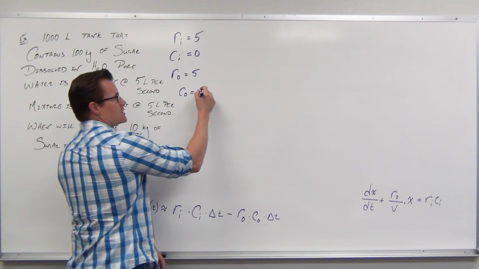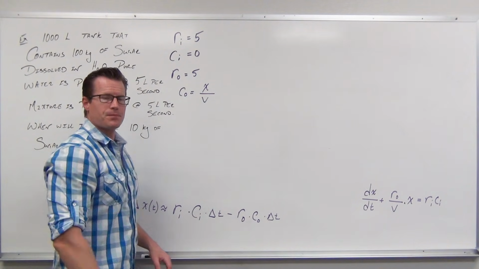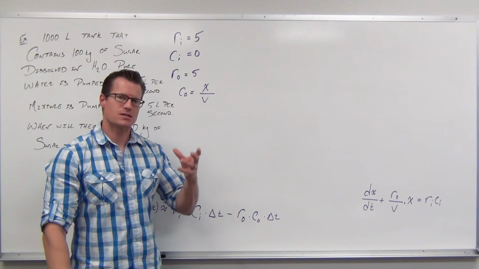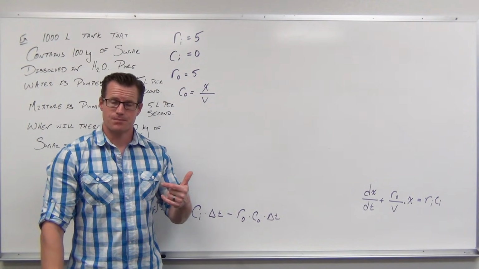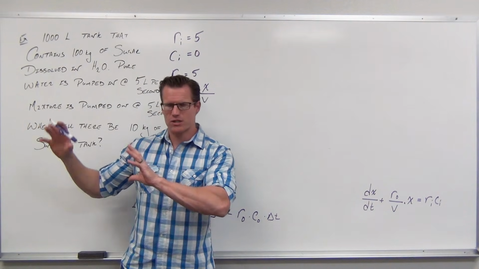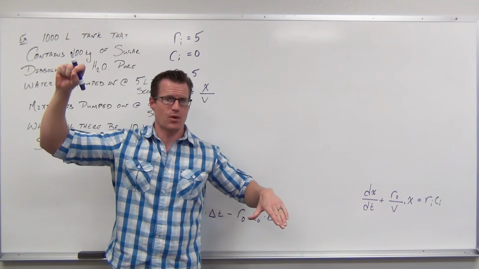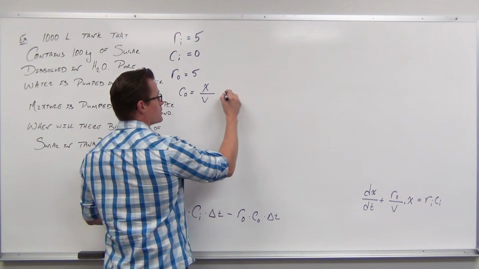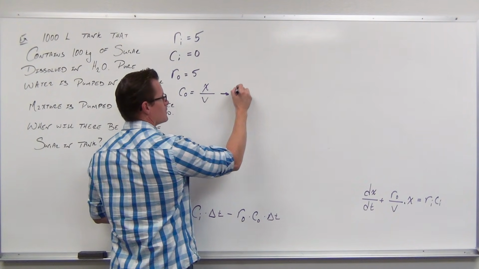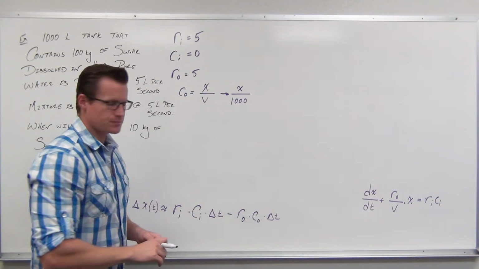So our concentration is x over V. Our x is going to change with respect to time, but our V is constant, so our volume is just going to be 1,000.